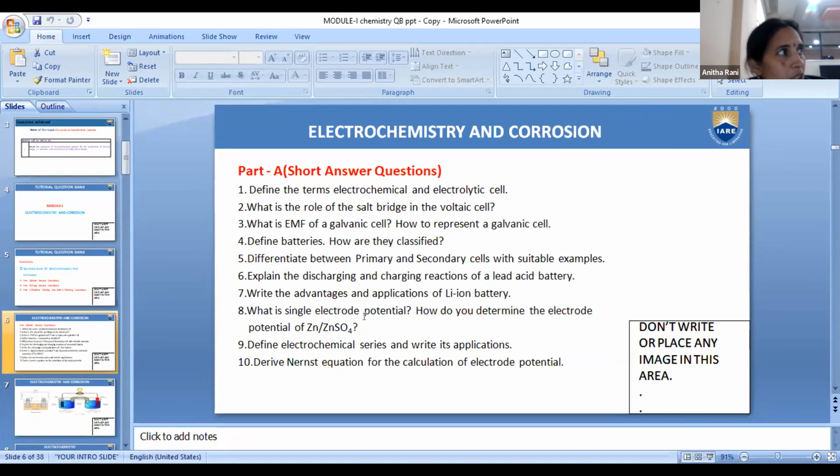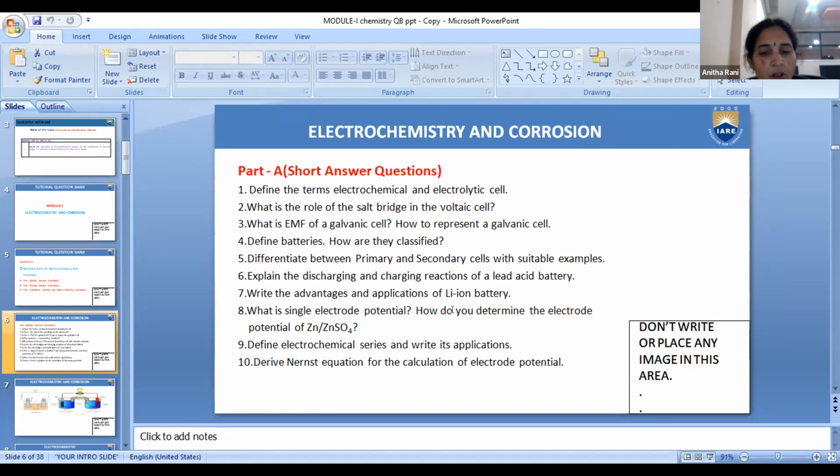If the electrode is undergoing reduction, the ions from the electrolytic salt solution, for example Cu2+ cations, will gain electrons and reduce to copper. Depending on the nature of the electrode, either it will undergo oxidation or reduction. So we can write the definition: the potential difference between electrode and electrolyte is known as electrode potential.